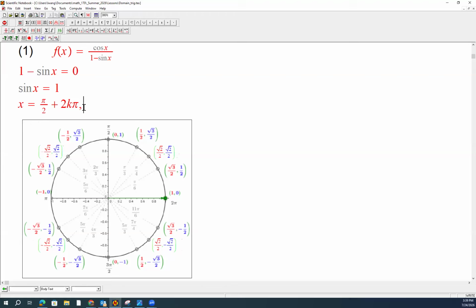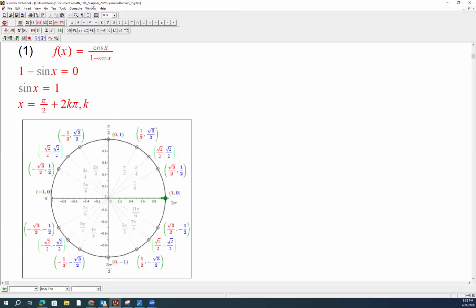For k equals 1, that's 5 pi over 2. And every time you just add 2 pi. Those are the angles that cannot be the terminal. So it cannot be those angles, where k is an integer.